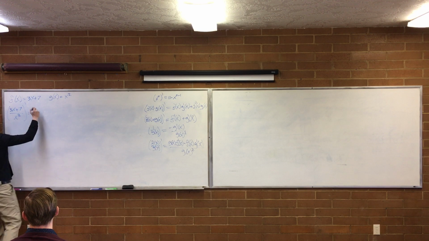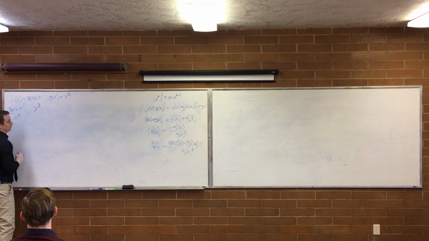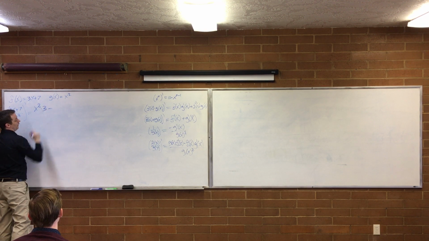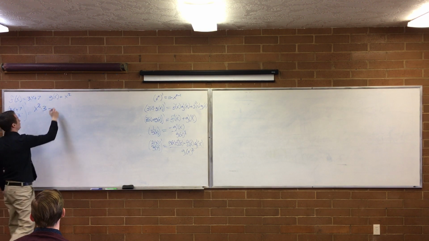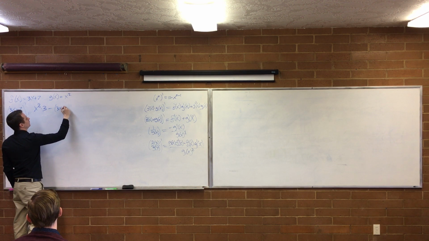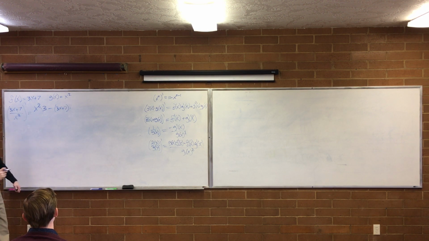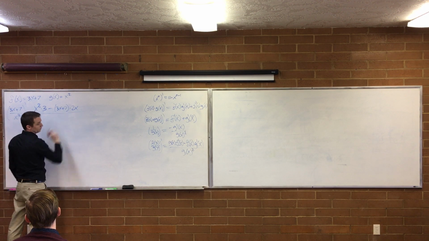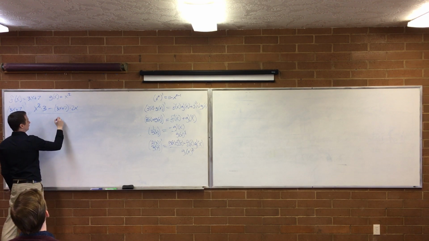So this is equal to g of x times f prime of x minus f of x times g prime of x, all over g of x squared.